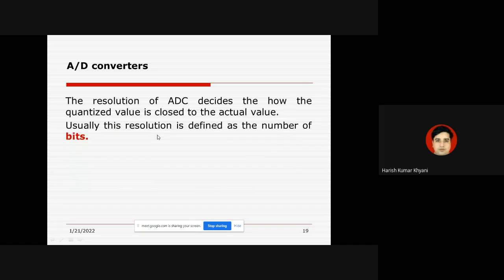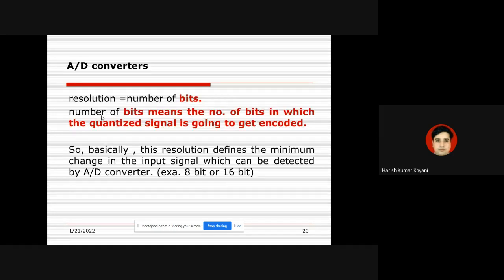So the most important thing of the A to D converter is resolution. So let us try to understand what resolution is. The resolution of the ADC decides how close the quantized value is to the actual value, and this is usually defined in terms of bits. So there is some mathematics involved in this process. Resolution means number of bits, right? And number of bits means what?